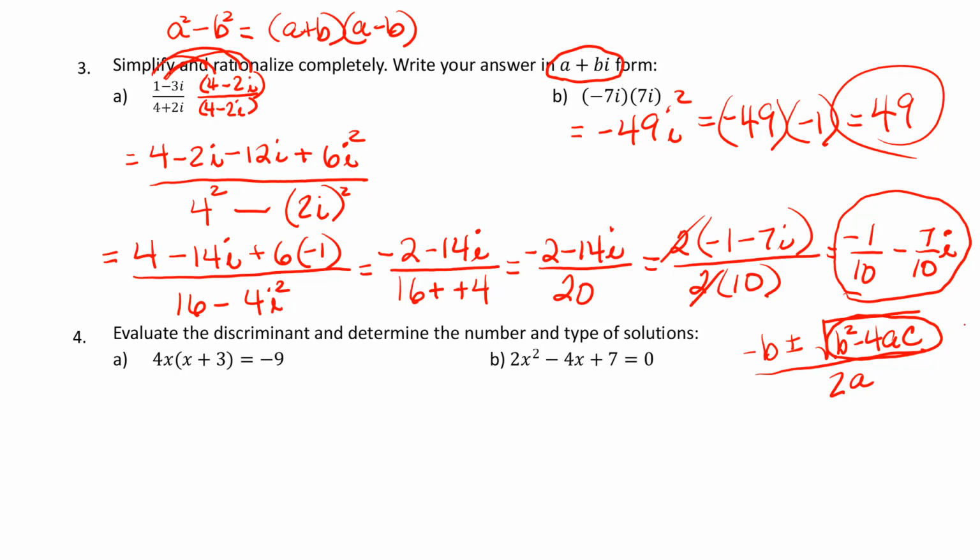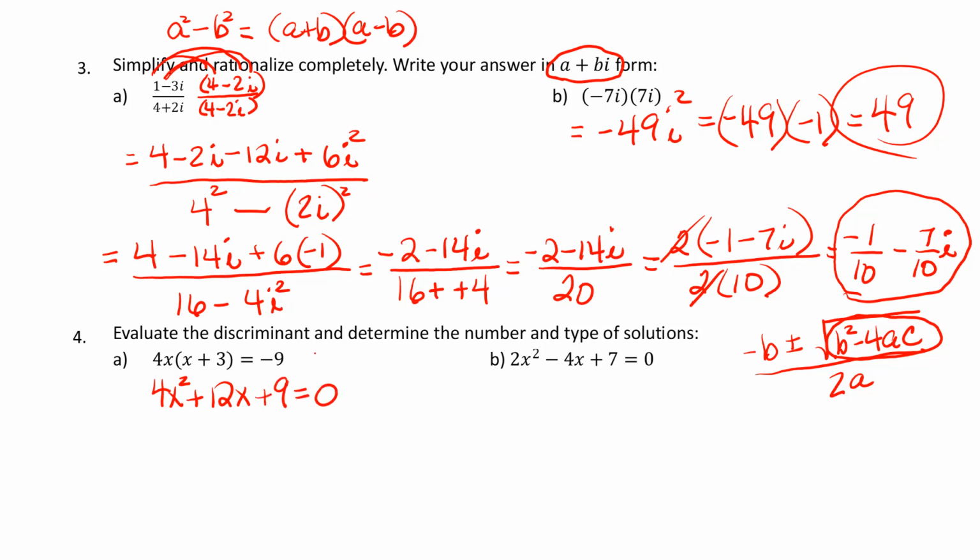So before you can even find out what b squared minus 4ac is, you have to get your equation into the proper form. So for part A over here, we have 4x squared plus 12x. And if we move the negative 9, add 9 to both sides, we'll have plus 9 equals 0.